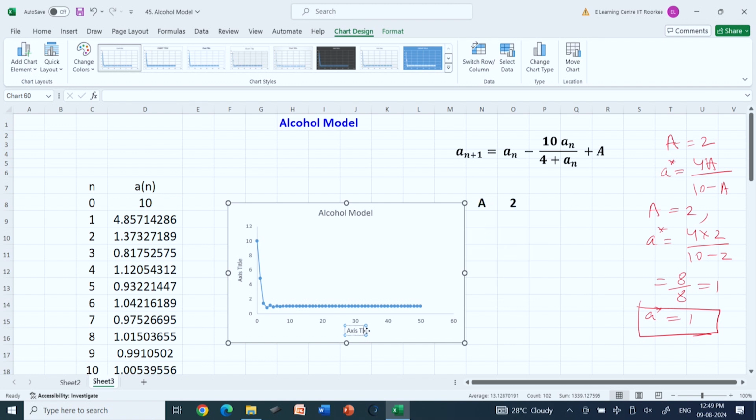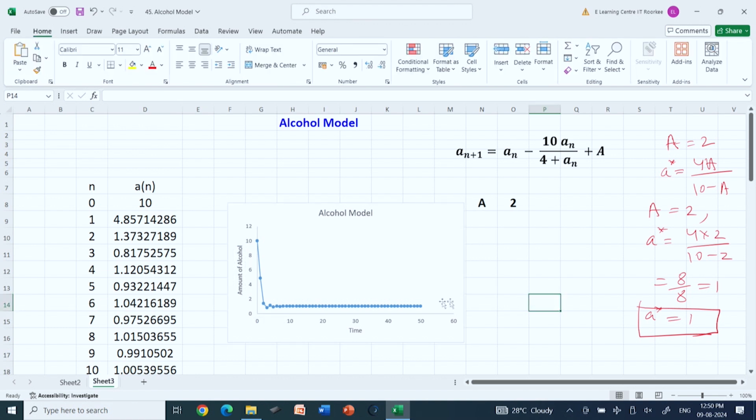Basically this is time and this is the amount of alcohol. So you get the model where you have shown that your numerical results match with the analytical results because the system is stable and it reaches the equilibrium point A star equal to 1.